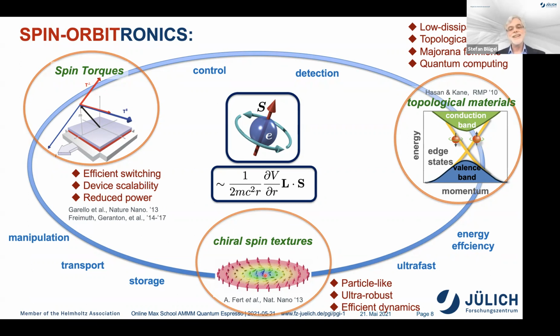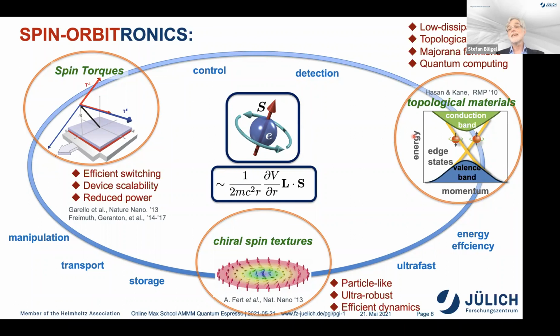And you don't need for this an external magnetic field. So that you can basically integrate that into a technology. And you need very little power. It is scalable to a device. And this allows you the manipulation of this skyrmion.